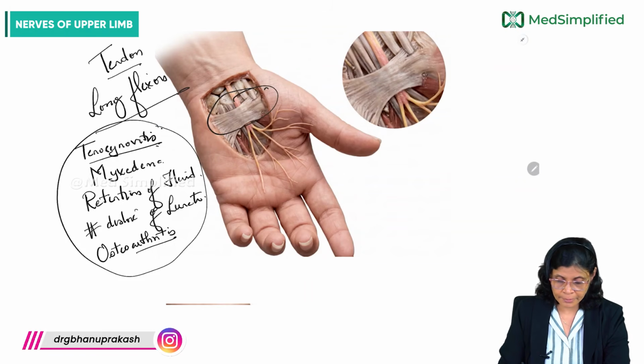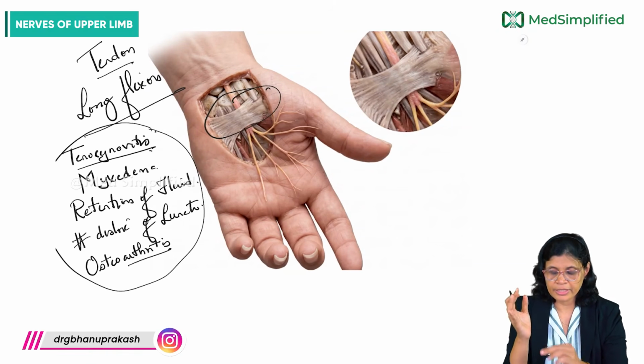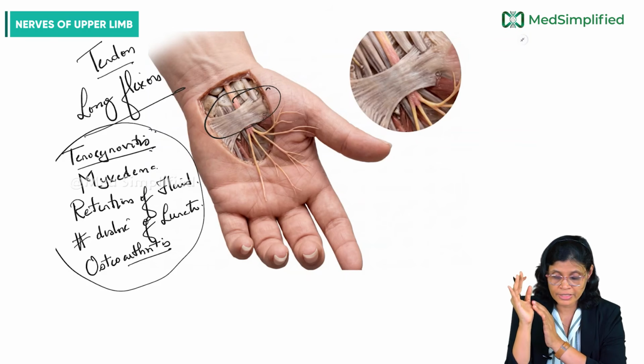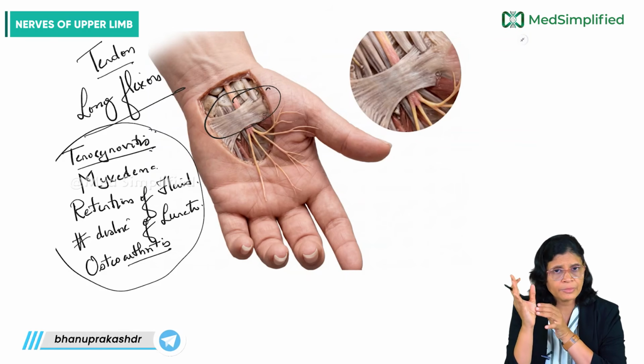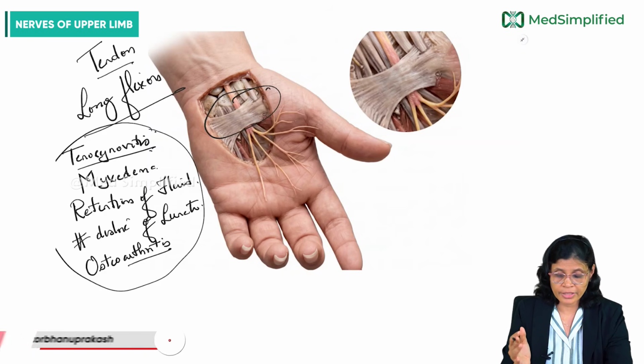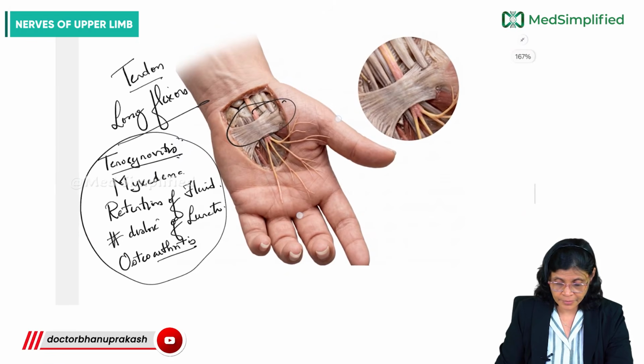So here what will happen? One is because the nerve compression is there, initially because of the compression injury, we will have the feeling of pins and needles, like a burning sensation. So the patient comes with that history, a burning sensation and sensation of pins and needles over the lateral part of the palm, especially along the lateral 3.5 digits, and they will complain it is more in the night.